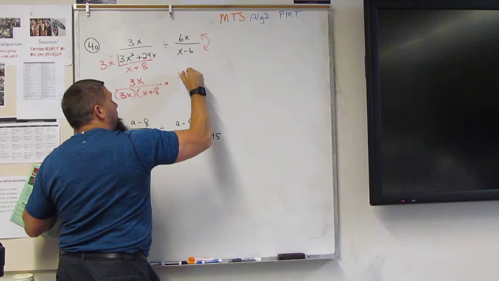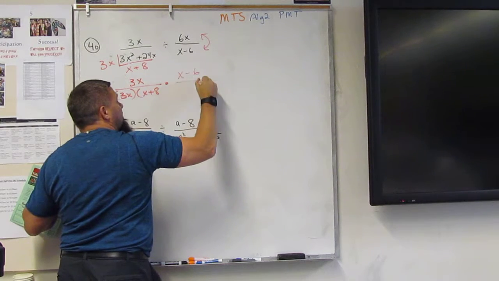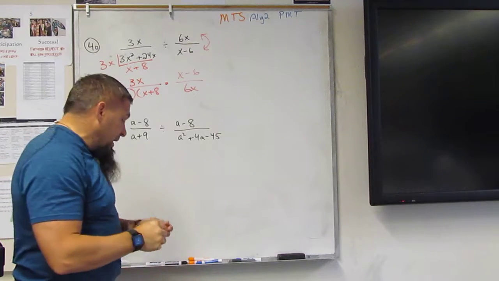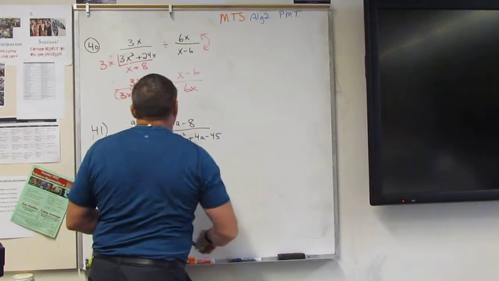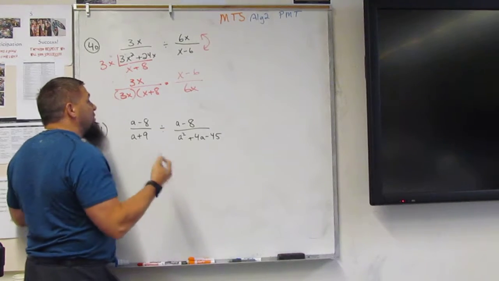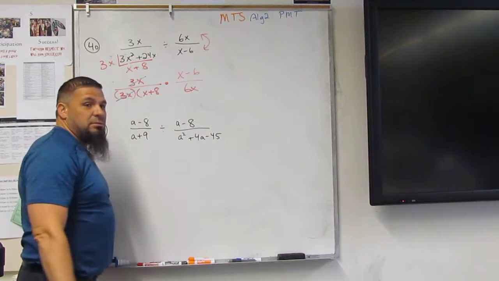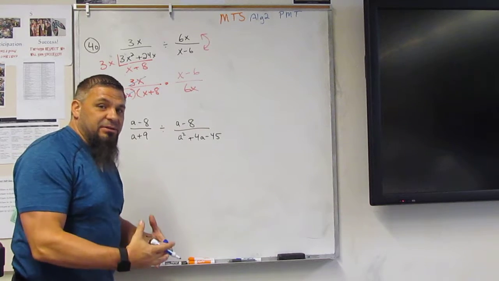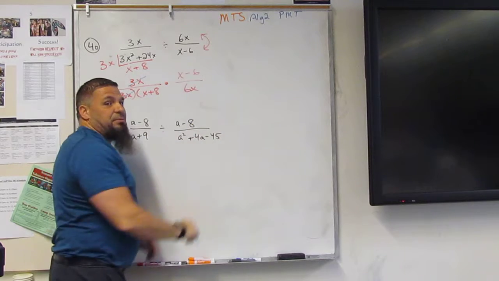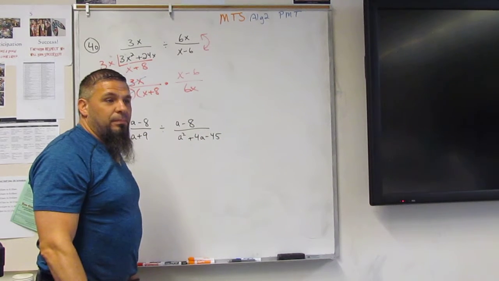So we got x minus 6 over 6x, right? Okay? And now it's actually pretty easy because things that look alike cancel, right? They're factors. This is times this, right? If these were the same, we could cancel them, right? But they aren't the same.